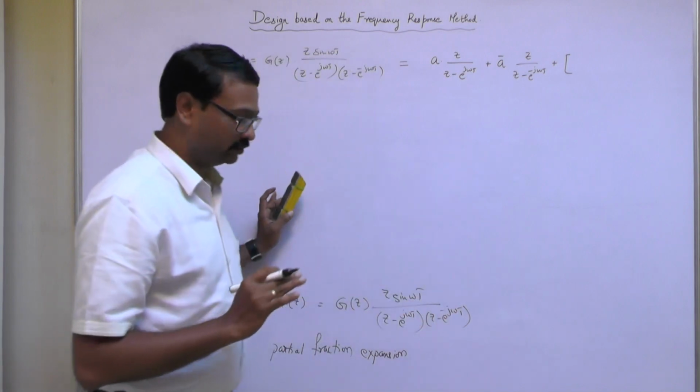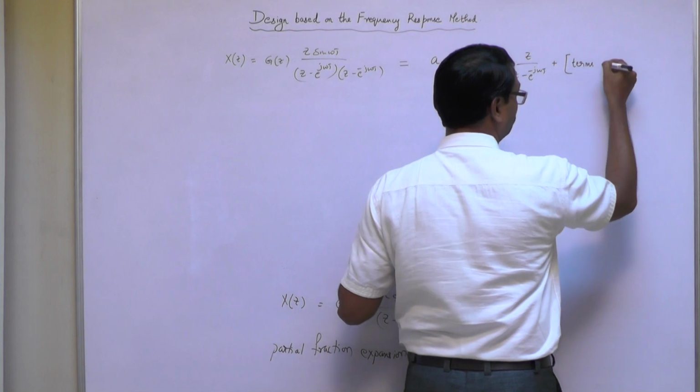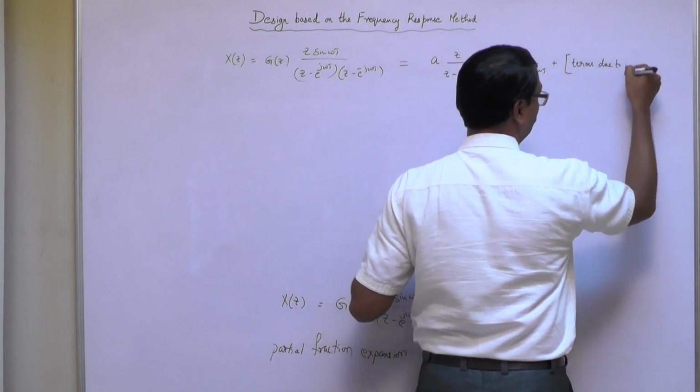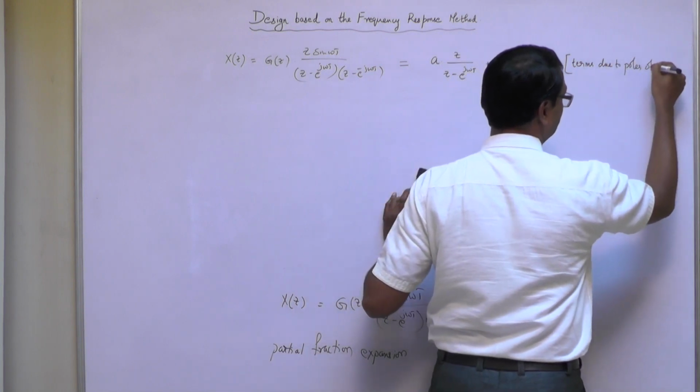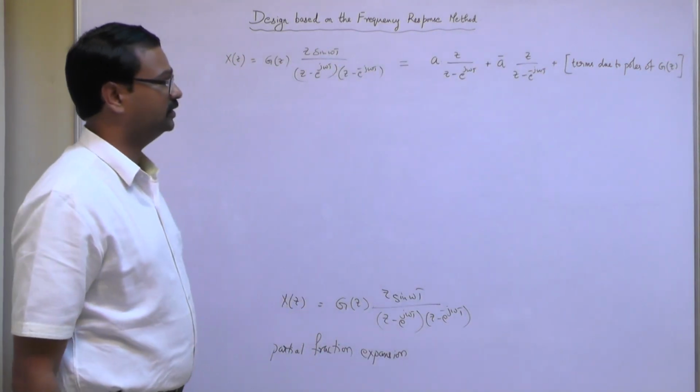Therefore it will have some poles. So terms due to poles of g of z.